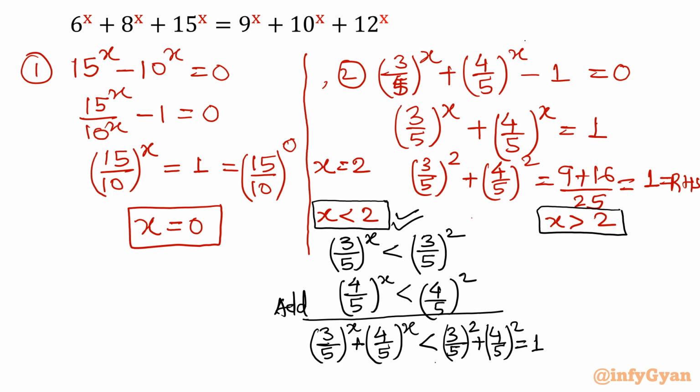Simply add both the inequalities. If we simplify, the right hand side is coming out 1. So that enforces (3 over 5)^x plus (4 over 5)^x is less than 1, which is not true. So we will reject this solution.